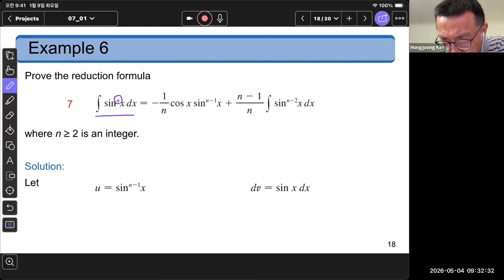I initially wanted to define f of x by sine x to the nth power and g prime of x by 1.